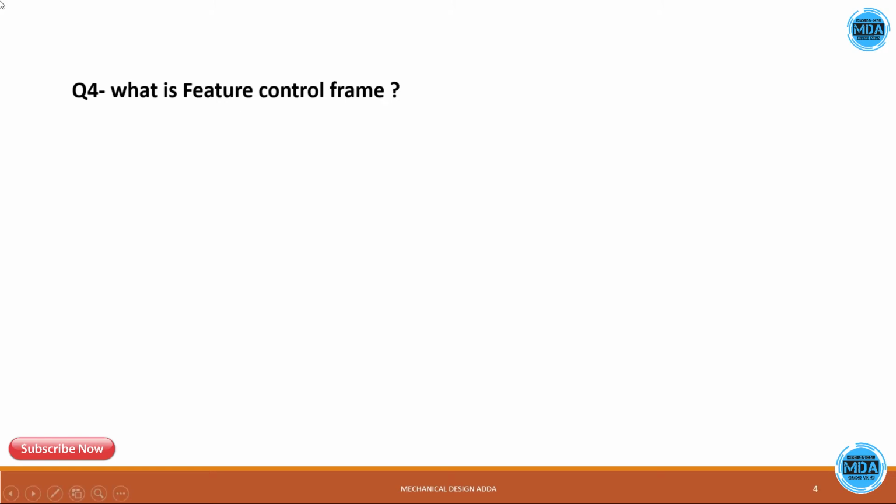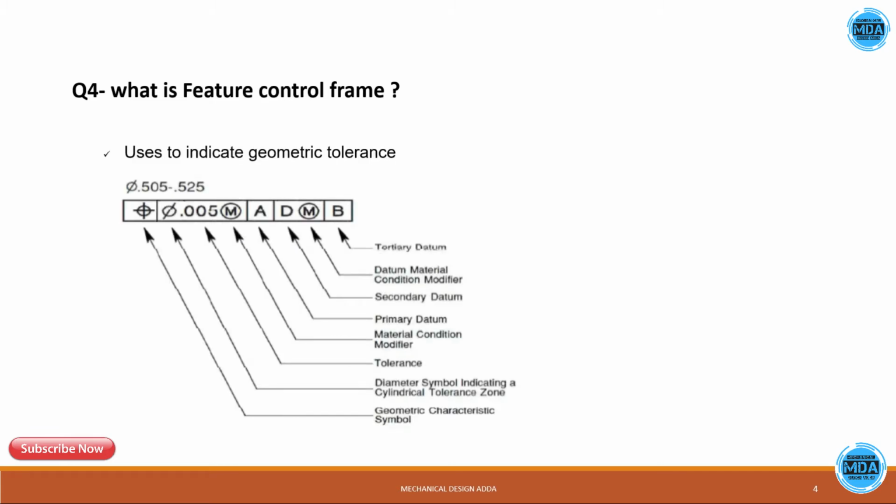The next question is, what is a feature control frame? The feature control frame is used to apply the geometric tolerancing. In that there are different compartments.